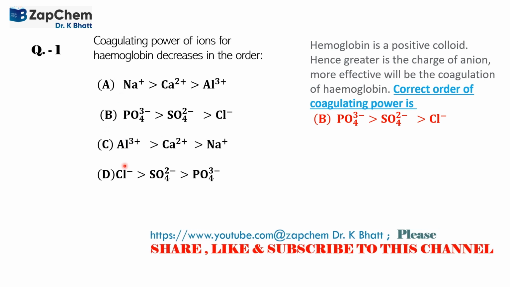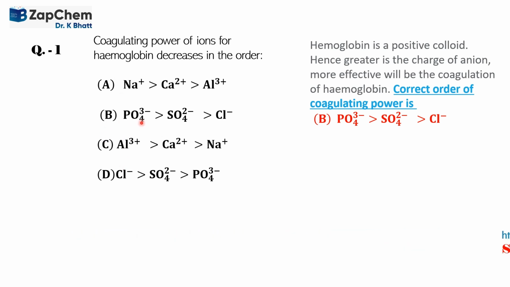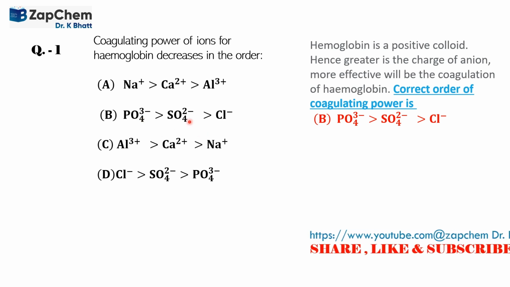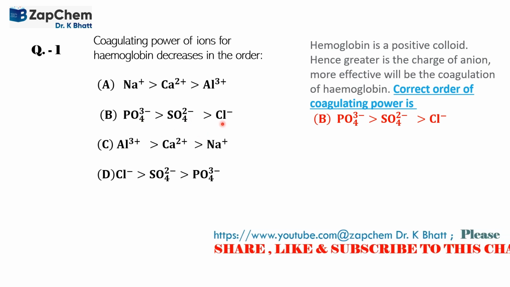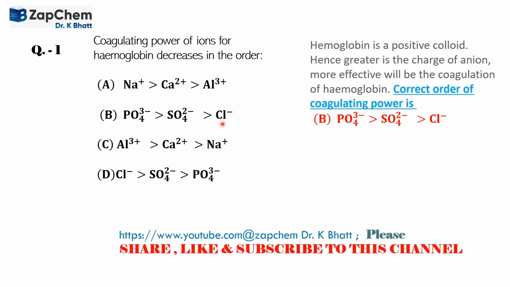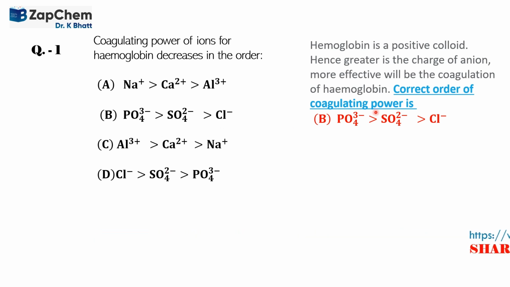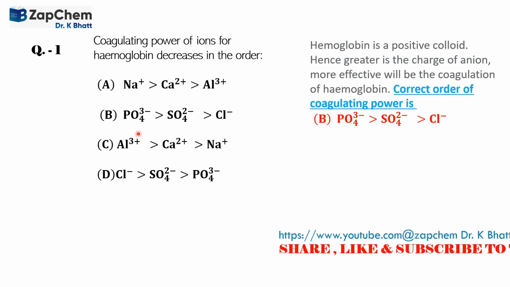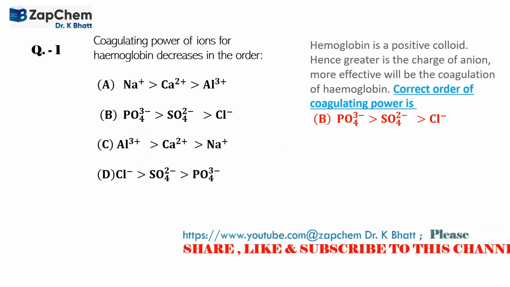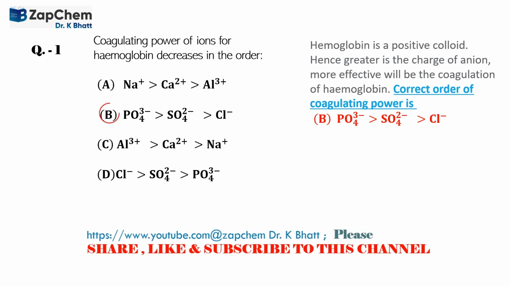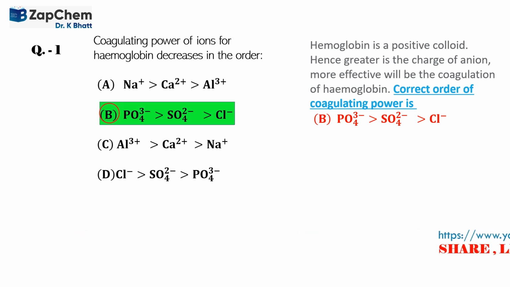So it is option B, which has 3 negative charges for phosphate, then sulfate with 2 negative charges, and then Cl with only 1 negative charge. So the correct coagulating power in decreasing order is option B, and that is the correct answer.